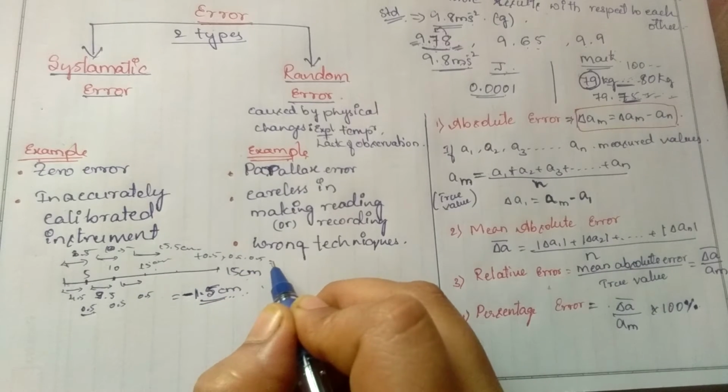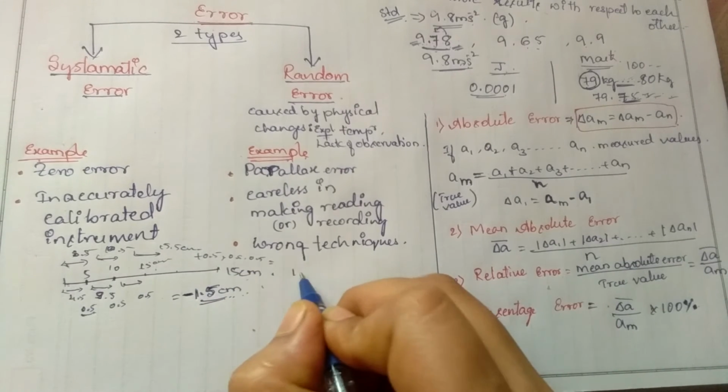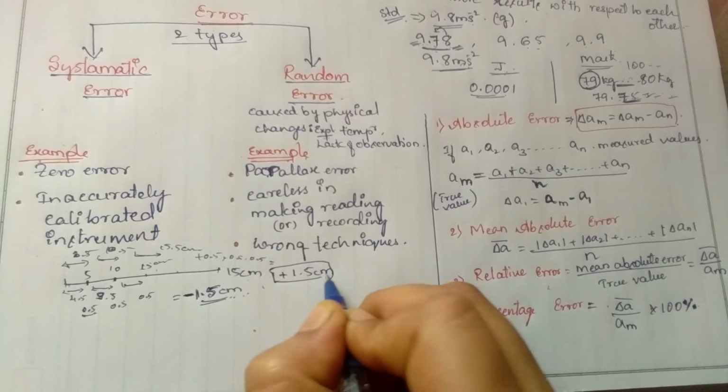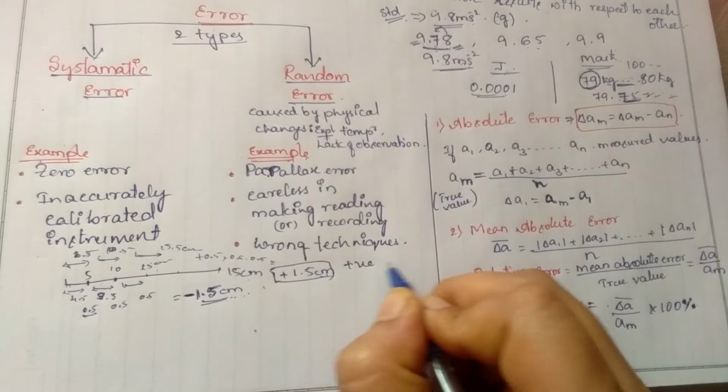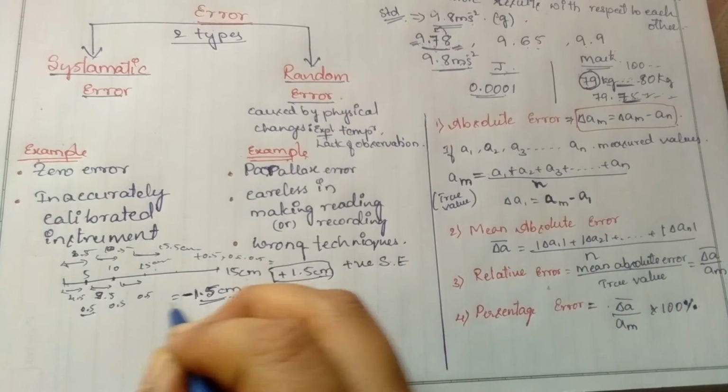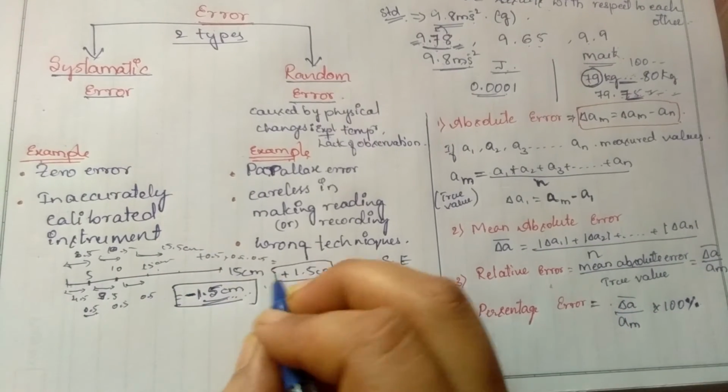So finally we get 1.5 centimeters more. Okay, this is a positive systematic error. Here this is a negative systematic error.